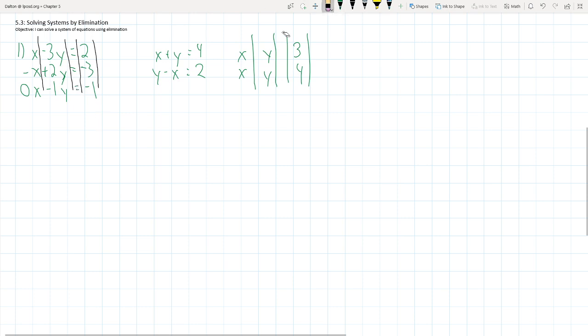We now have everything lined up, so we can rewrite this as negative 1y equals negative 1. We divide everything by negative 1, and we get y equals 1.